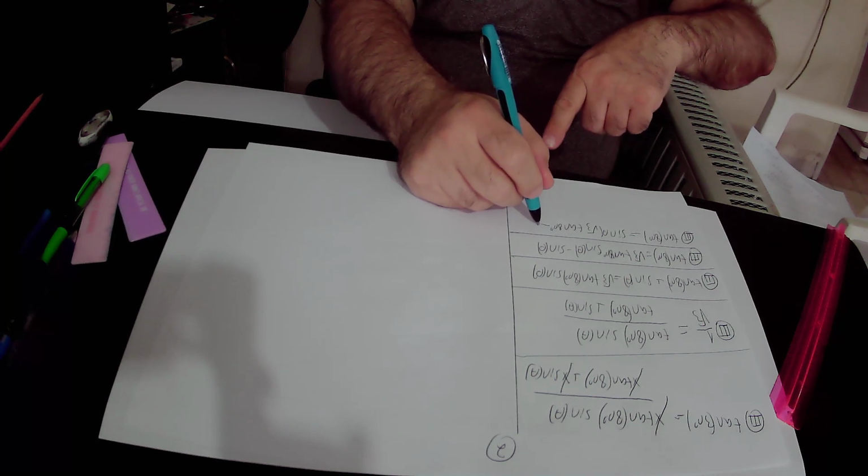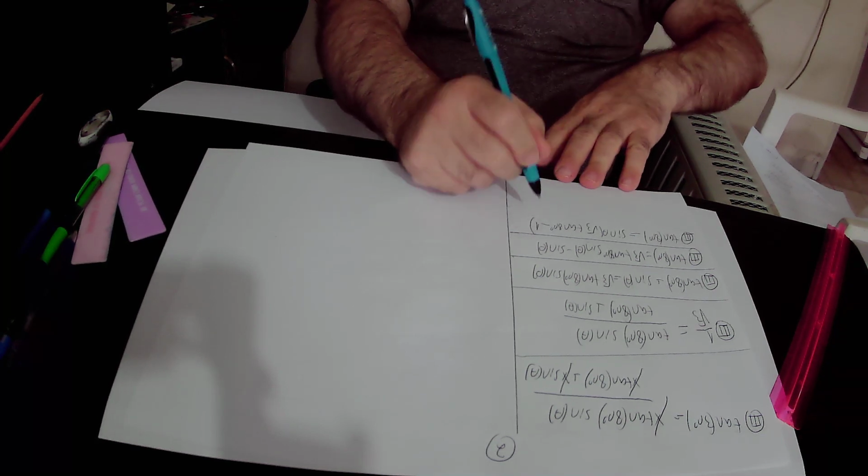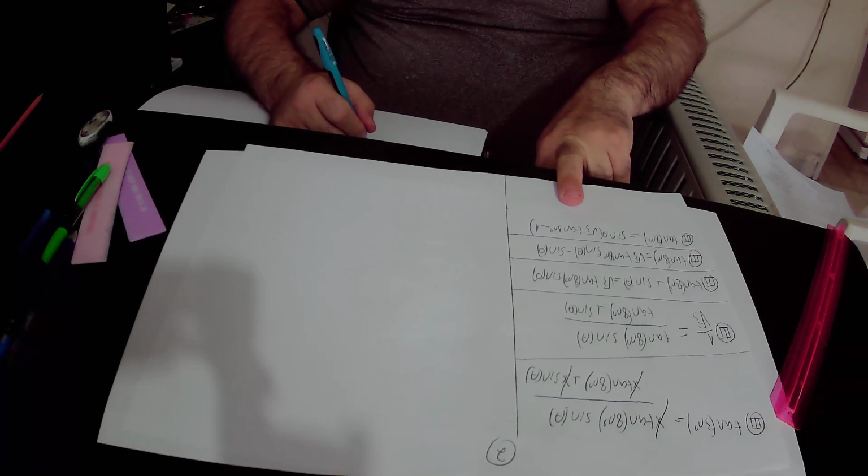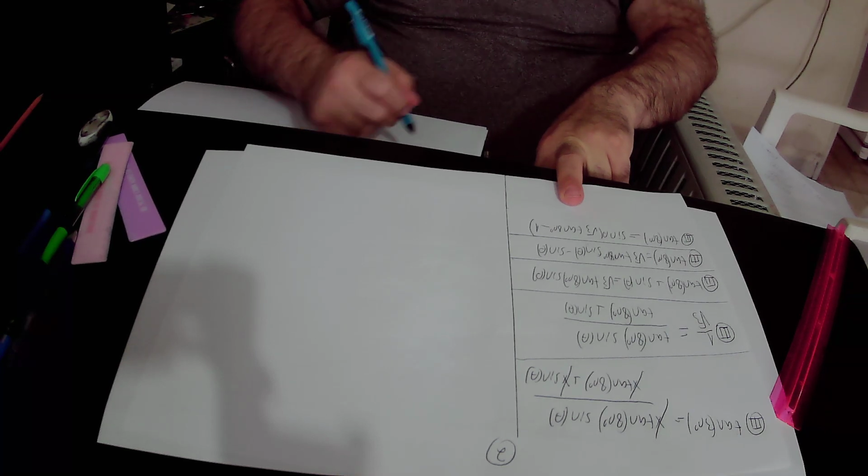It is actually minus 1. So here we will divide this equation by square root of 3 times tangent 80 degrees minus 1.